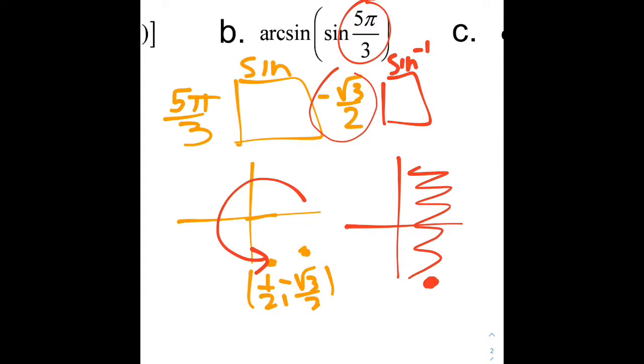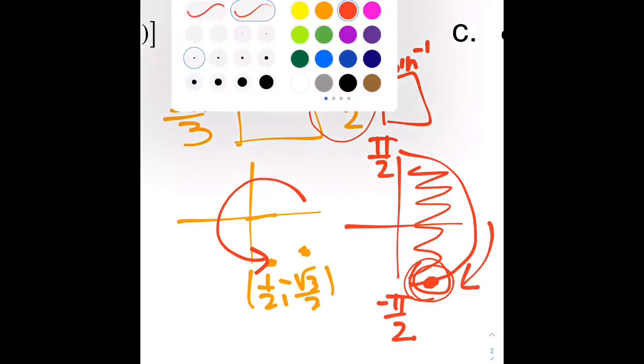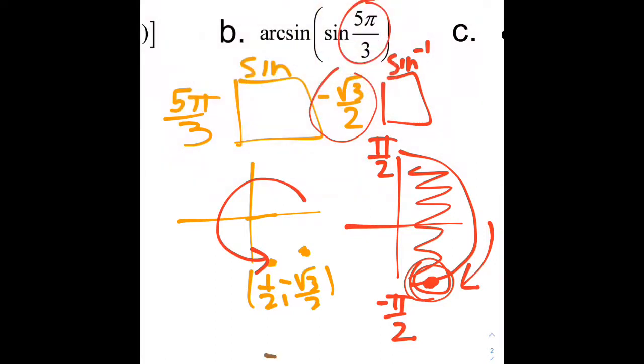And we've talked about in earlier lessons that your inverse sine is defined between pi over 2 and -pi over 2. So this actual location going to a negative angle, the final answer is going to be -pi over 3, not 5 pi over 3, because that is not a range value of your arc sine.